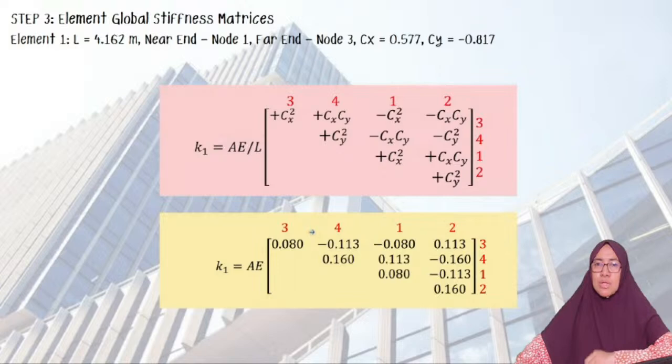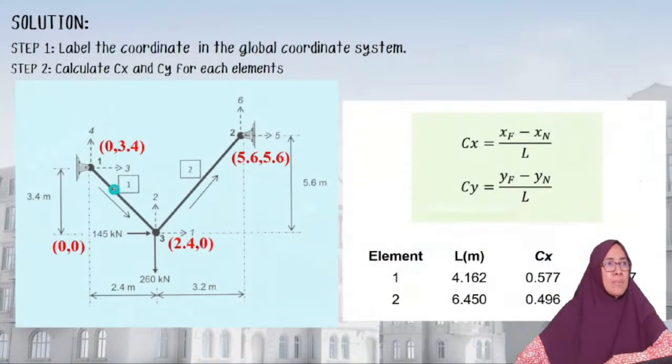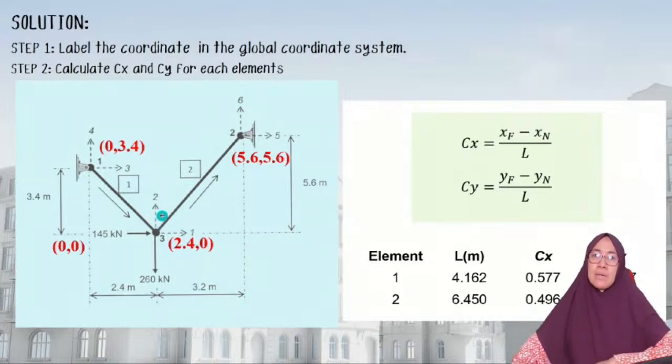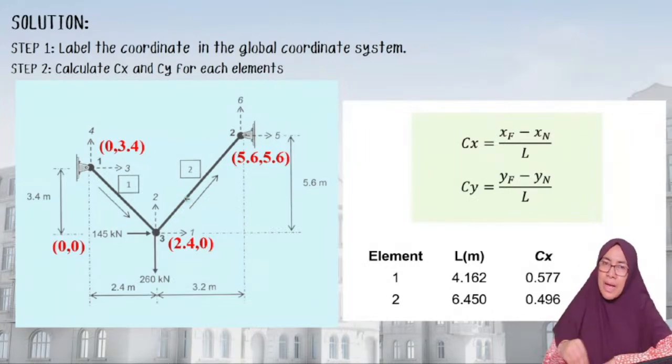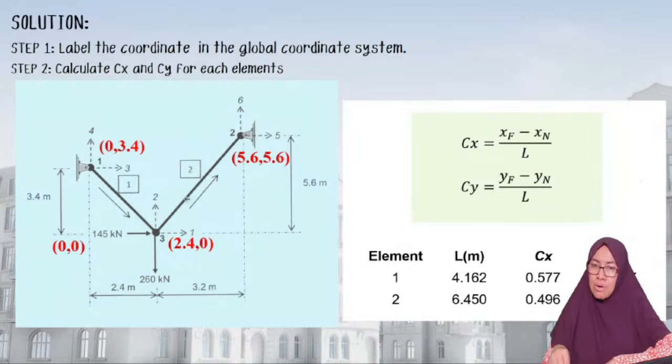But what is most important is how we label the degrees of freedom for the element stiffness matrix. For K1, looking at the diagram for element number 1, based on the arrow, the label should be 3412, because we label based on the arrow. The arrow guides us on which is near and which is far. When we label the element stiffness matrix, we must label starting from near to far.